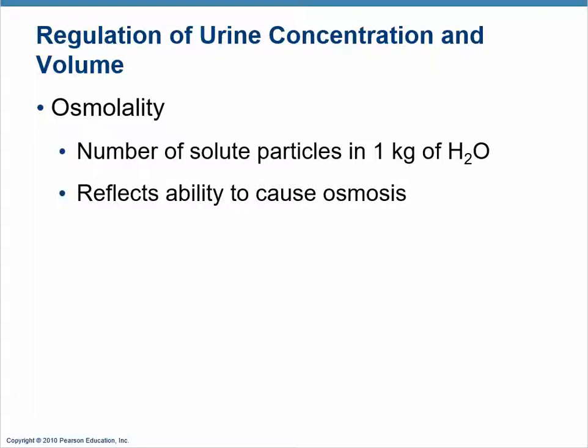Now, our body is very finely tuned to avoid dehydration. When water is scarce, we make concentrated urine. When water is abundant, we make dilute urine. And it's regulated by regulating the osmolality of the urine and just how much water is lost, because osmosis drives water reabsorption.